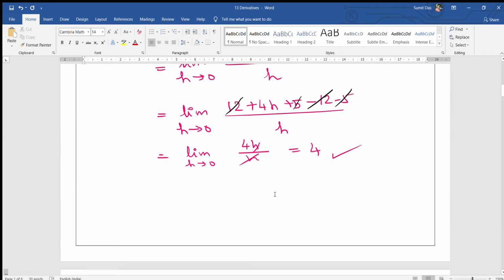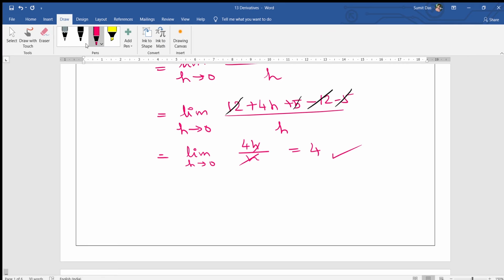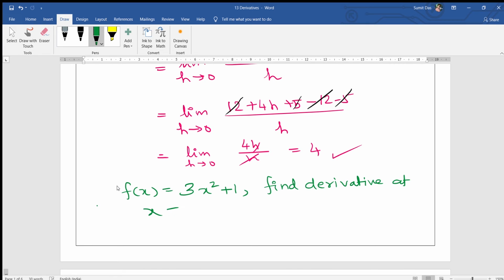In the meantime, do one question. I'm giving you one question. Using the previous concept, do this question. If f of x equals 3x square plus 1, find the derivative at x equal to 2.